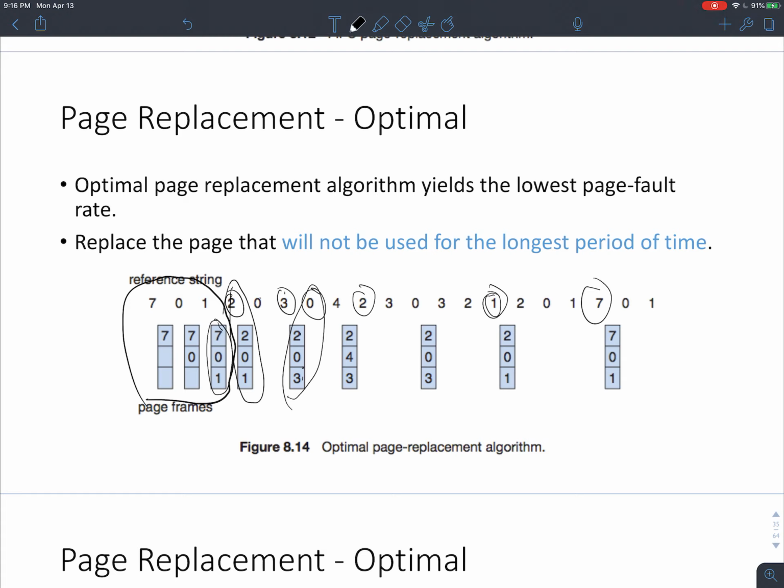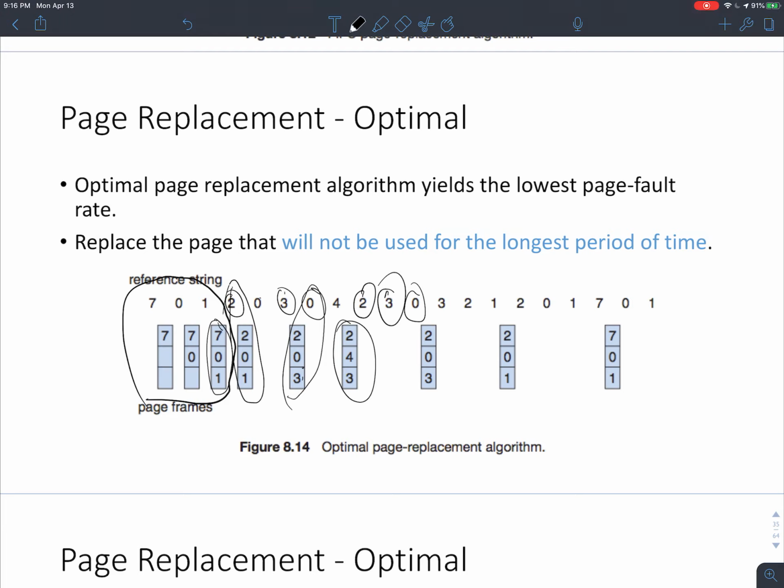So among the 3 existing pages, let's look at which one is not going to be referred for the longest time. 2 is going to be referred here, 3 is going to be referred next, and the last one is 0. So we need to kick out 0 and bring in 4. That's why we have 2, 4, 3, and so on. If you keep on with this procedure, you'll be able to figure out the whole process.